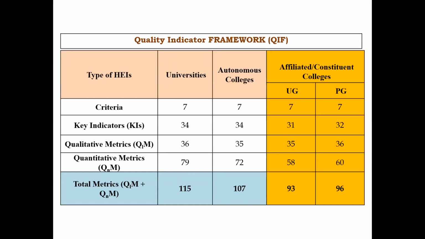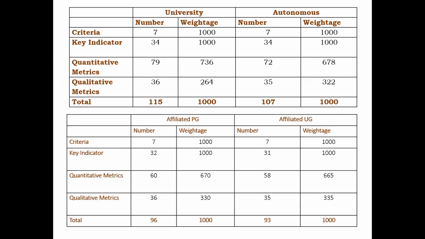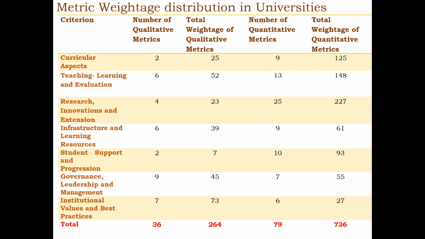For a better understanding, I have made further delineations also. For university and autonomous, the weightage of criteria is 1000, key indicators 34, and for quantity metrics the weight is 736. For autonomous 678, quality metrics 264, autonomous here 322. Same way for PG and UG. And for better understanding, I have delineated how many qualitative and quantitative metrics are there in each criterion.